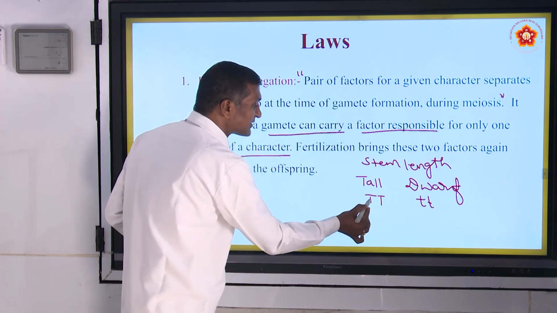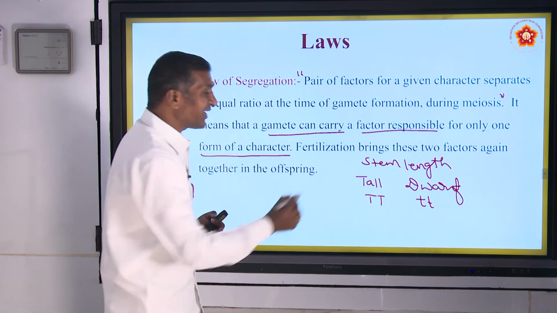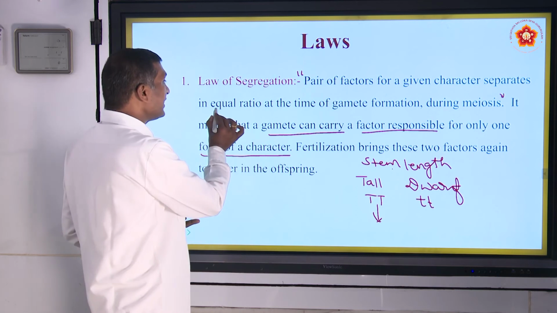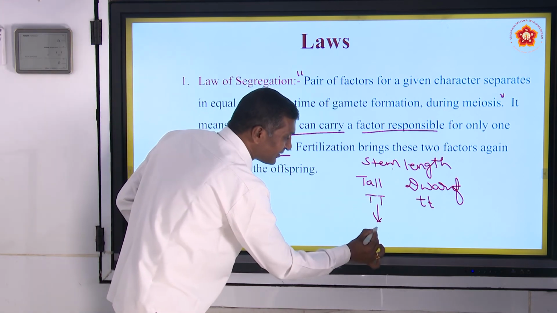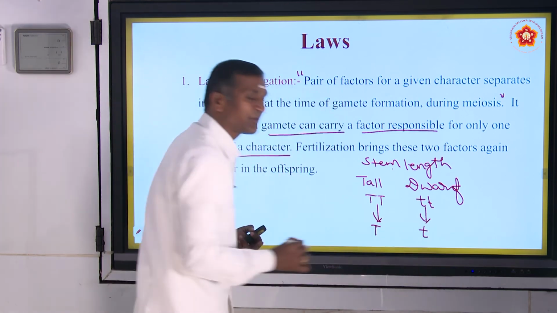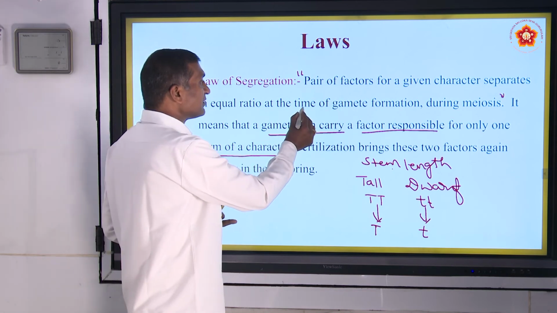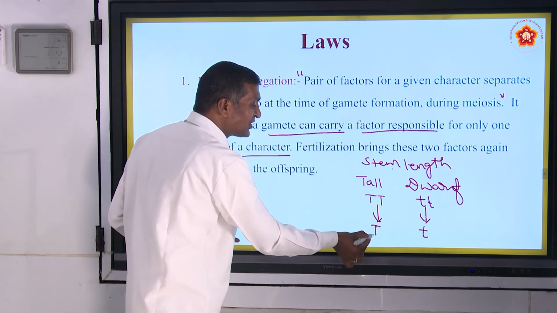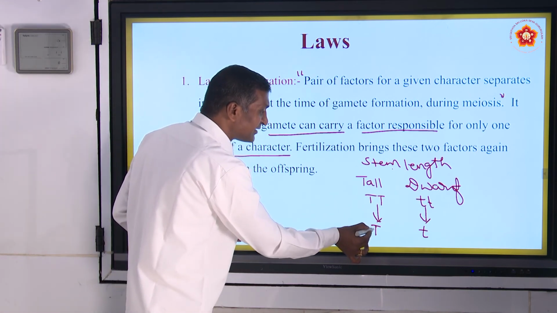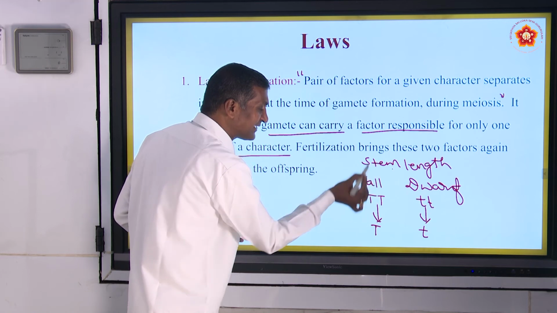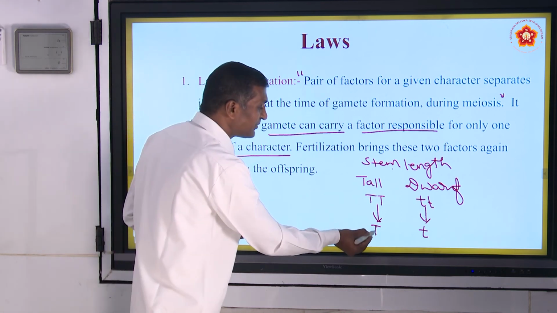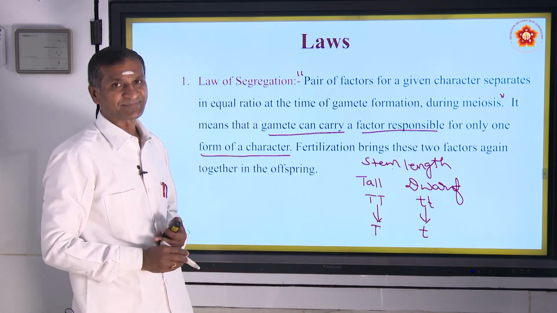Pair of factors, these are the pair of factors for a given character that separates in equal ratio, 1 t out of 2. Here also in equal ratio it separates, small t. At the time of gamete formation, these are the gametes by undergoing meiosis. So, during meiosis, the pair of factors for a given character separates to form the gametes. So, these are the gametes.